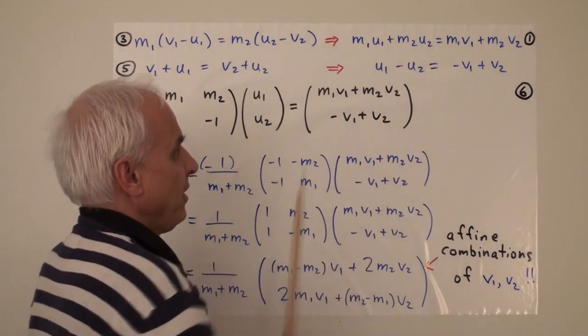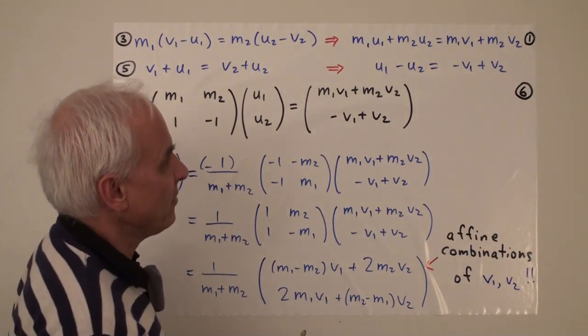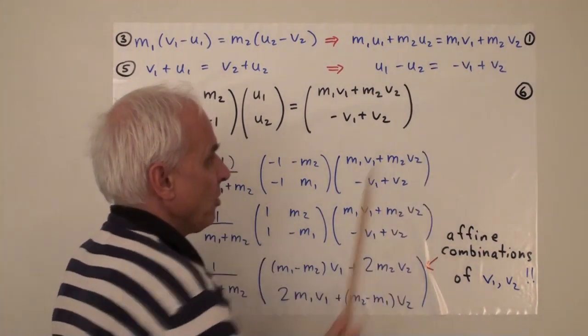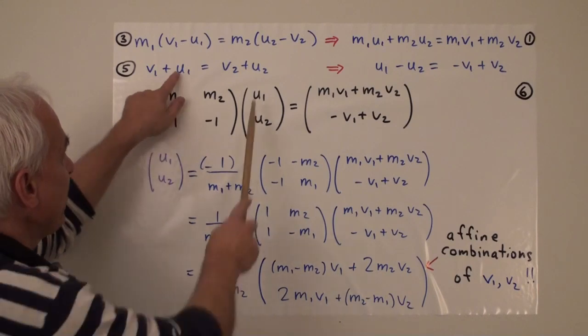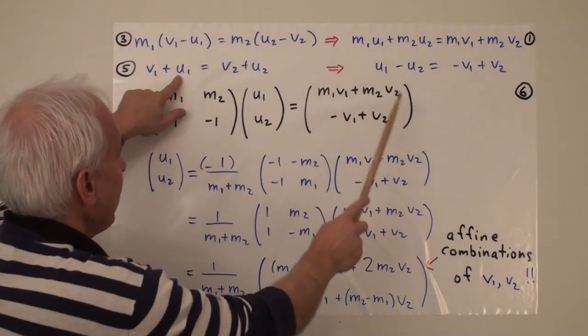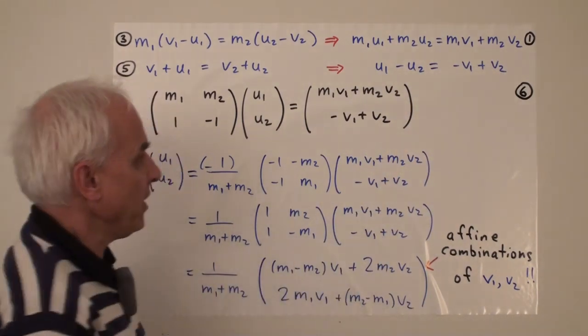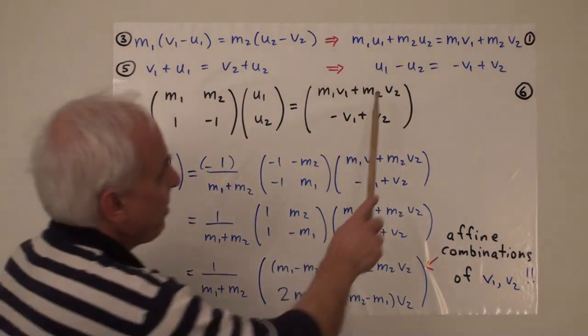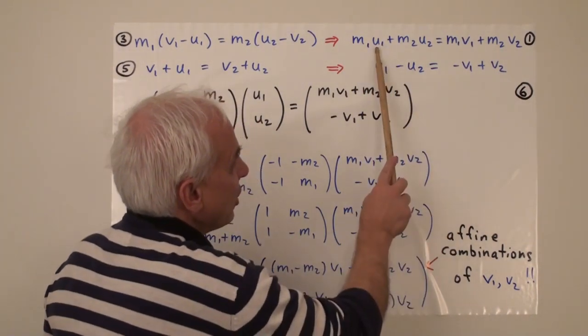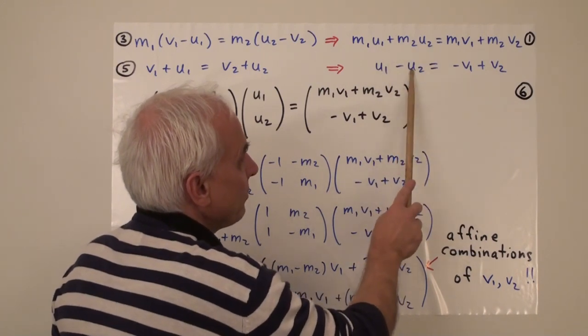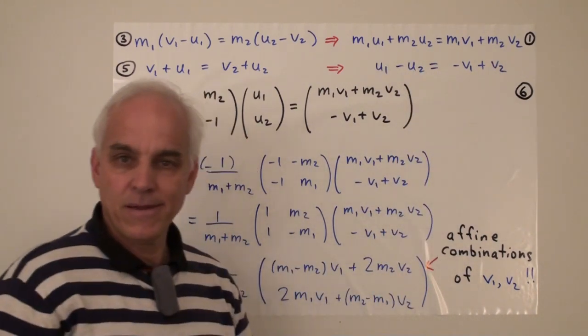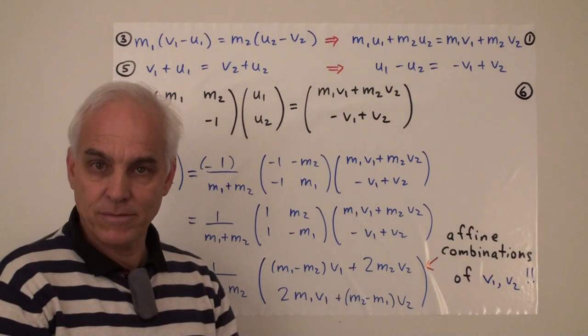So there's just the final momentum equaling the initial momentum. And here we'll just bring the u1 minus u2 on one side equaling minus v1 plus v2 on the other side. And we'll think about this as being two equations in u1 and u2, with the other things as being constants which are given.